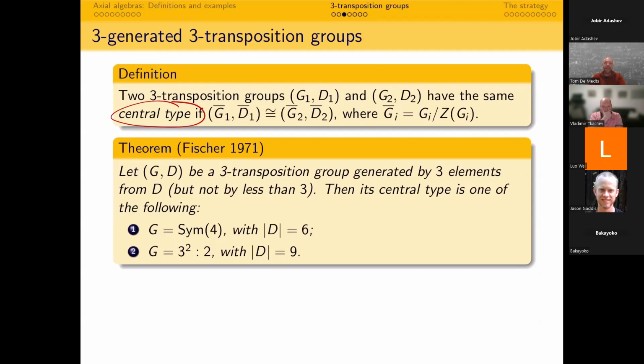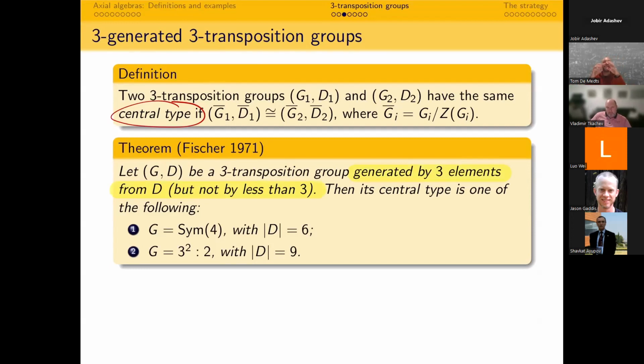And here comes the notion that will be really relevant for us: generation by a small number of elements. In this case, we have the assumption that our group is generated by 3 elements from D, but not by less than 3, which is really tiny. These are really very small examples.